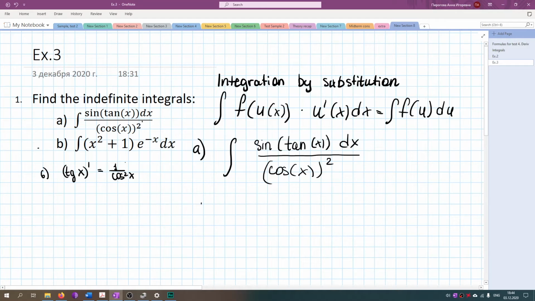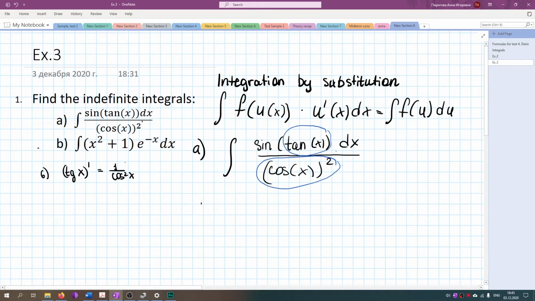you can see that in the numerator we have function sine, and inside we have a function tangent of x, and in the denominator we have cosine x squared. So if you remember, the derivative of the function tangent of x is equal to 1 divided by cosine squared x.